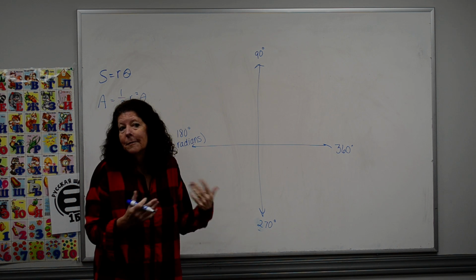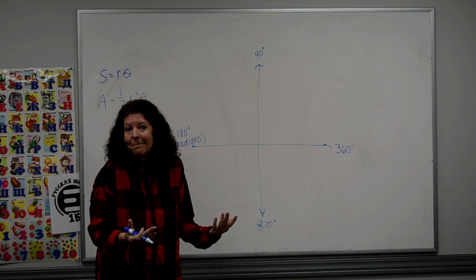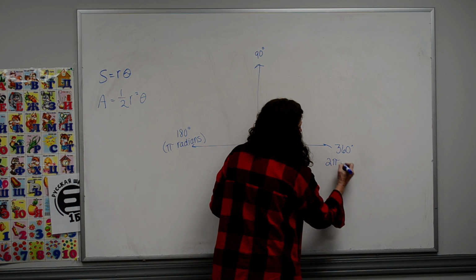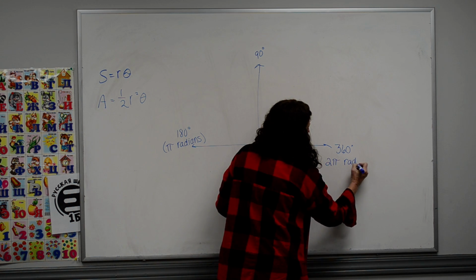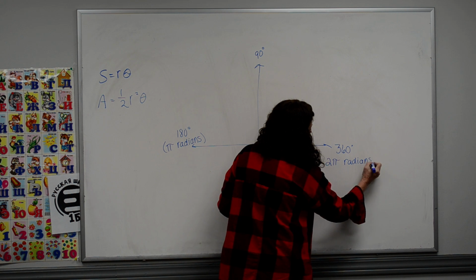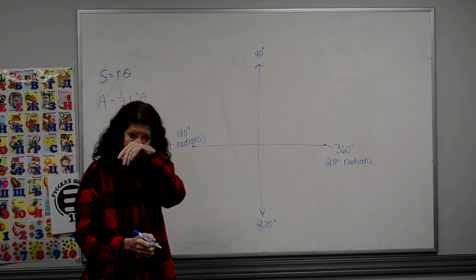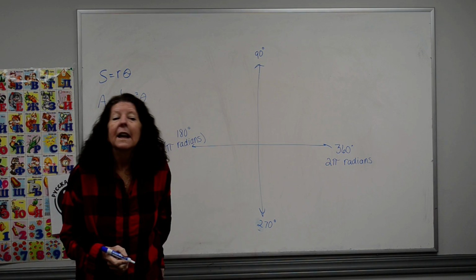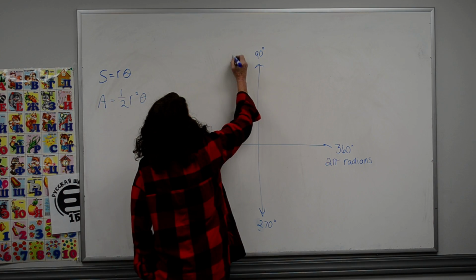How many pi radians? 2 pi radians. So 360 degrees is the same as 2 pi radians. Okay? Does that make sense? What would 90 degrees be? Half pi. Half a pi. Okay?